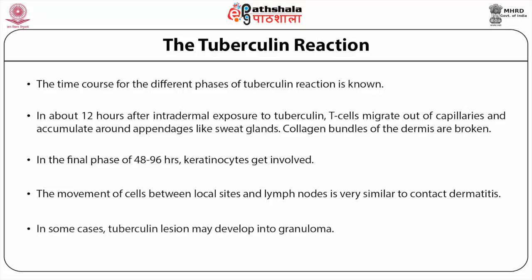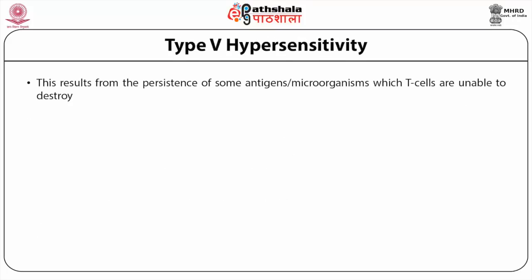In some cases, the tuberculin lesion may develop into a granuloma. This results from the persistence of some antigens or microorganisms which T cells are unable to destroy. CD4 positive T cells control many intracellular microbial infections. However, mycobacteria have escape mechanisms to prevent elimination.